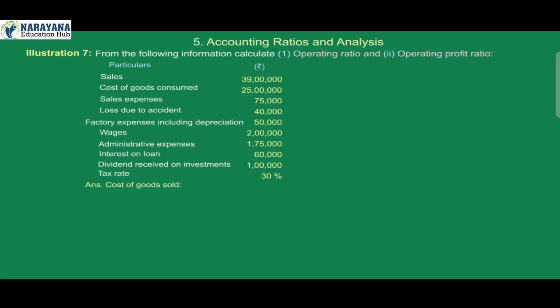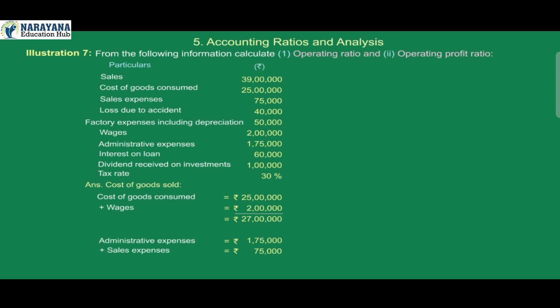Answer: cost of goods sold, cost of goods consumed is equal to rupees 25 lakh plus wages rupees 2 lakh, total rupees 27 lakh. Administrative expenses rupees 1,75,000 plus sales expenses rupees 75,000 plus factory expenses including depreciation rupees 50,000. Total operating expenses is equal to rupees 3 lakh.